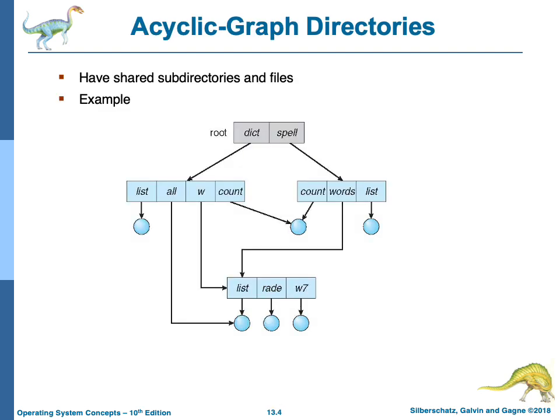The problem with the tree structured directories is that, as we said, a file is only allowed to have one parent. And so another way to organize directories is using an acyclic graph structure. In this scenario, a file or a directory is permitted to have more than one parent directory.